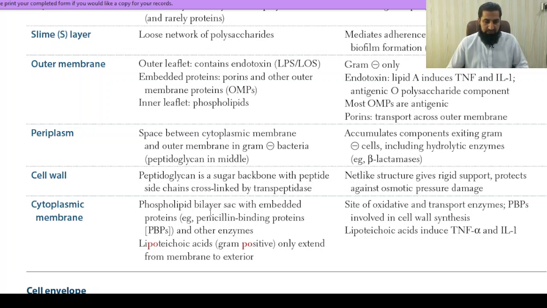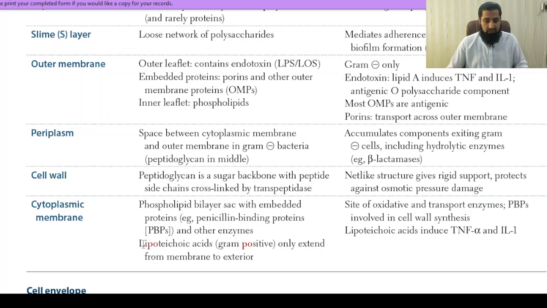Cytoplasmic membrane: the cytoplasmic membrane is a phospholipid bilayer with embedded proteins, for example penicillin binding proteins and other enzymes. Penicillin binding proteins are what the penicillins bind to. Lipoteichoic acids are in gram positives only and extend from the cell membrane to the exterior.